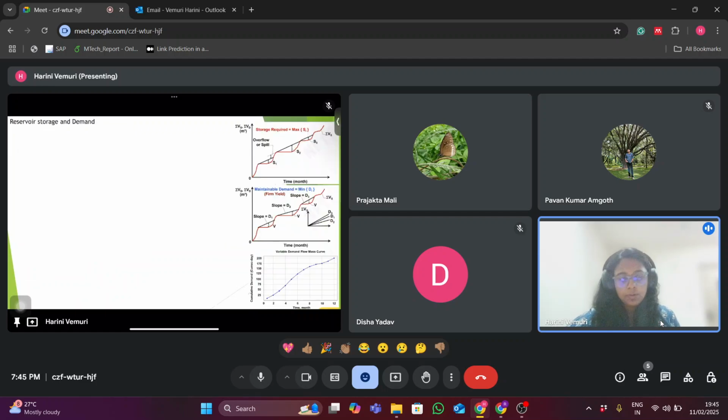And then here we will also be talking about the reservoir storage and demand. It's very important to know how much water we need to always store in the reservoir so that when there is low flow or in case of dry season, we still have to supply the same amount of water.